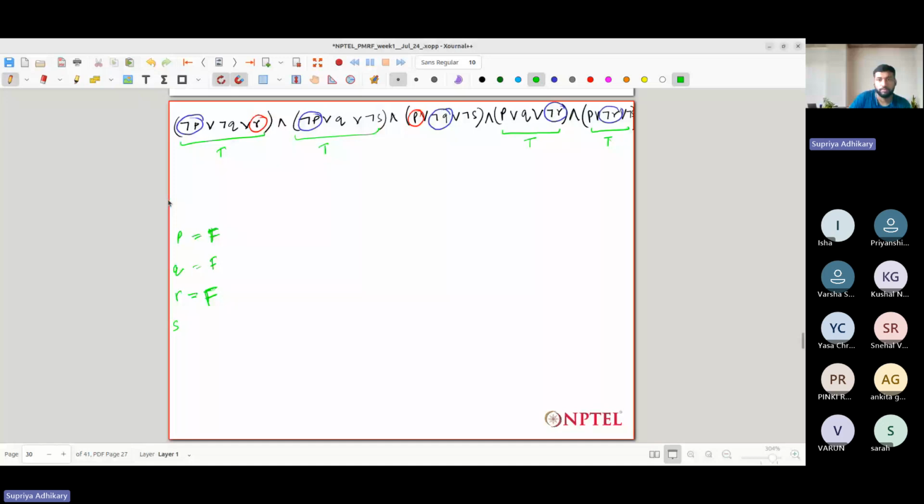It doesn't matter what we assign. We have assigned a true value to S. This is now a truth assignment to R and S. So this is satisfied. So A is satisfied.